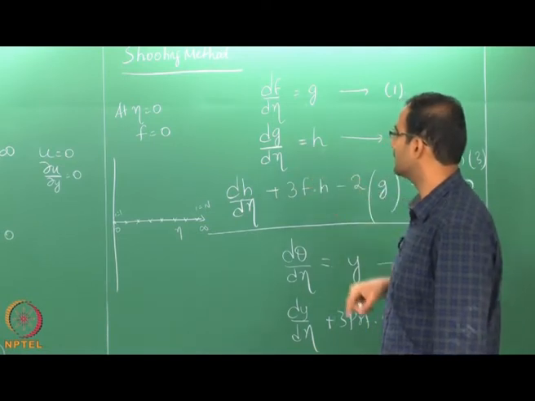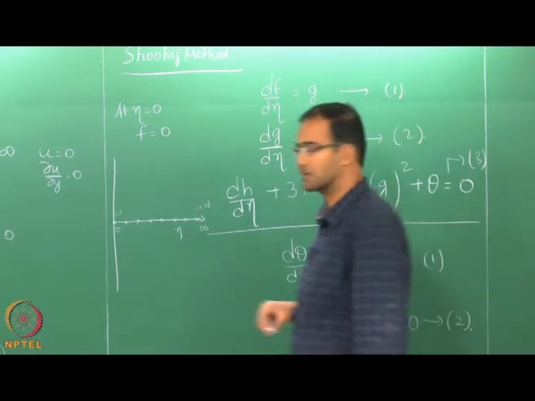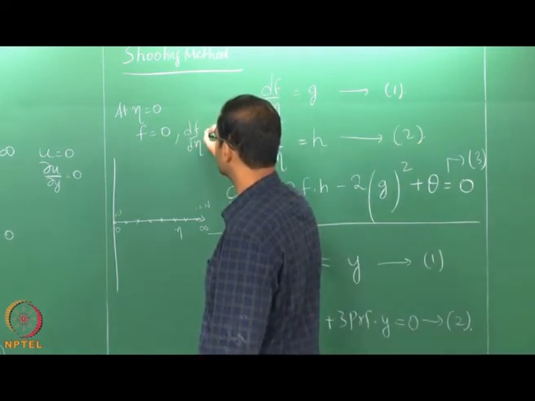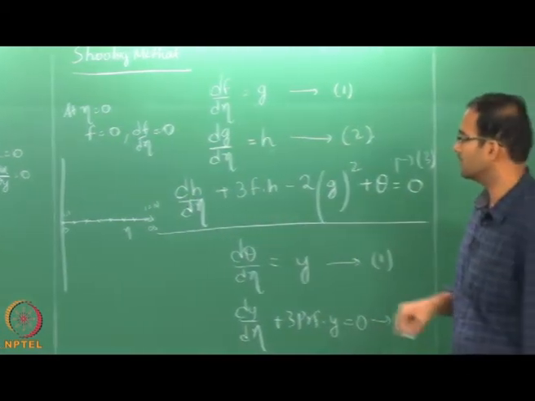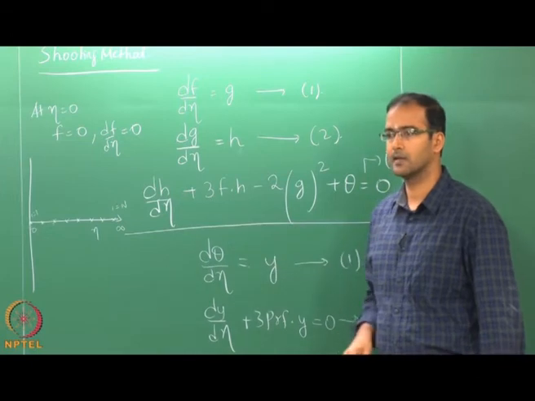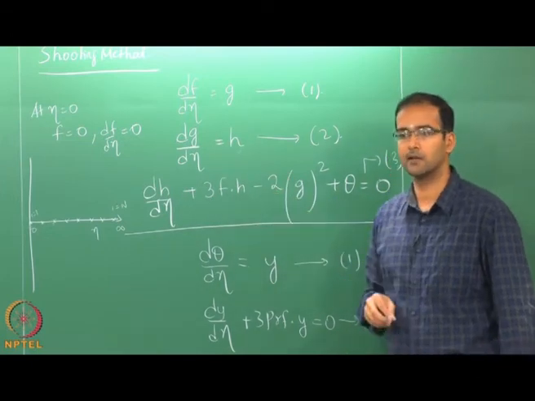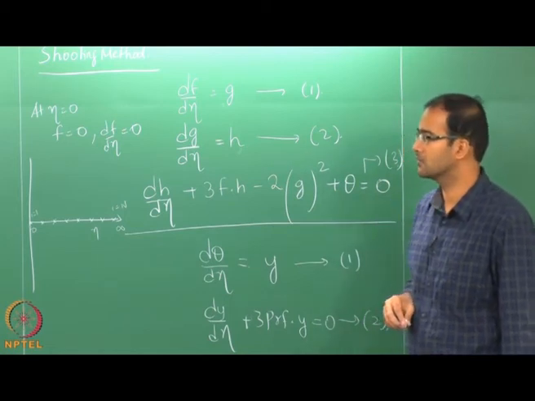What about df by d eta? Df by d eta is also known, so this second equation also can be solved. Now, coming to the third equation, we need a boundary condition for d square f by d eta square at eta equal to 0, which we do not know.